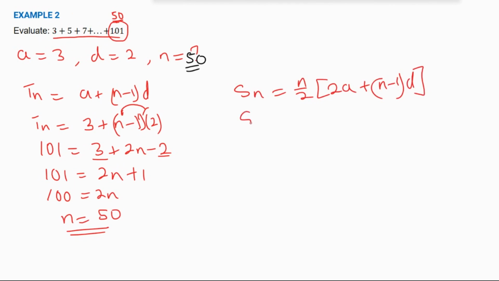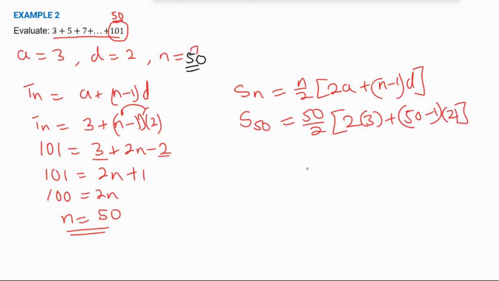So we're going to say sum of the first 50 terms, 50 over 2, and then 2 times our a, which is 3, then plus 50 minus 1, then the common difference is 2, right? And then put this in the calculator. Sum of the first 50 terms is 2600. Okay, that's what we have to do there.